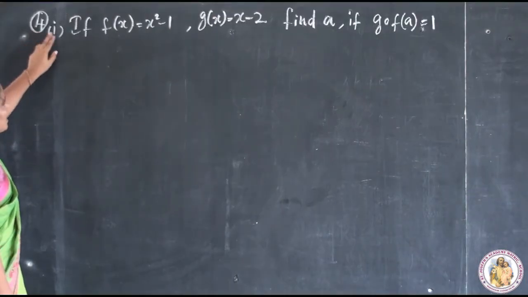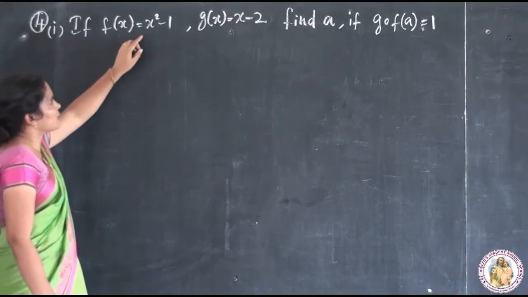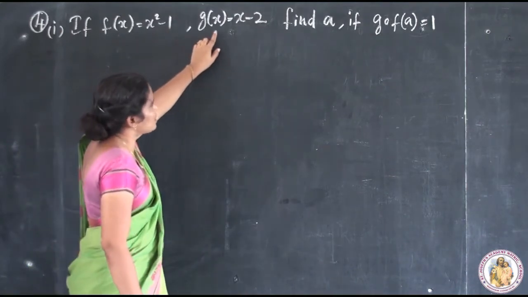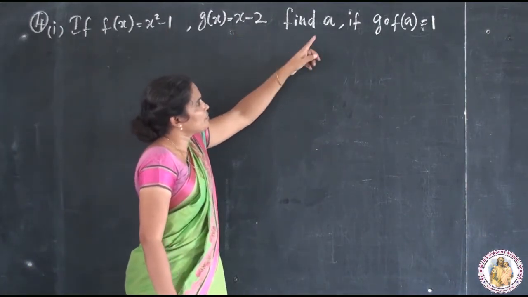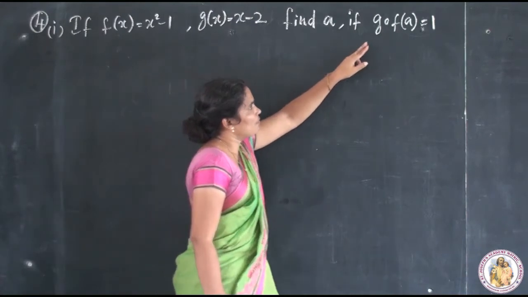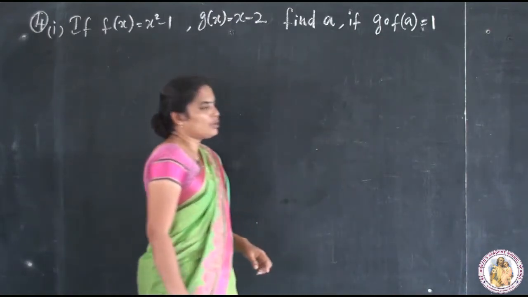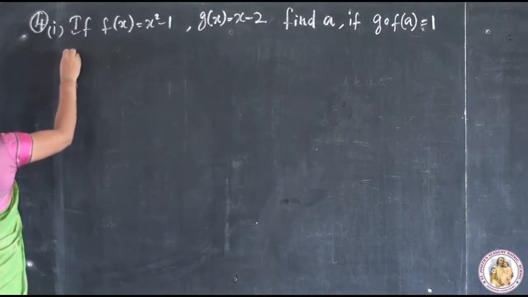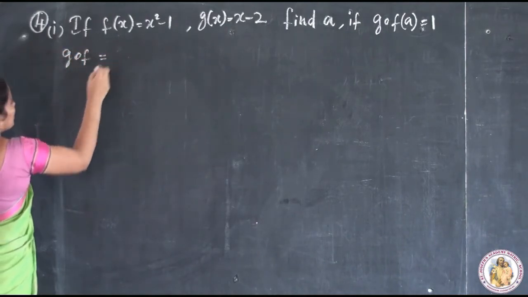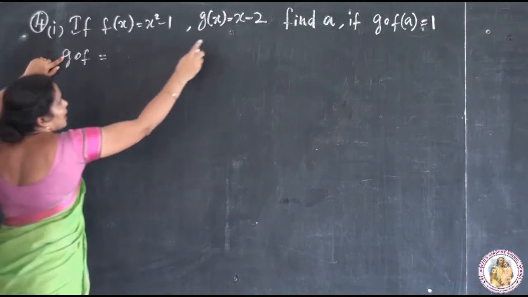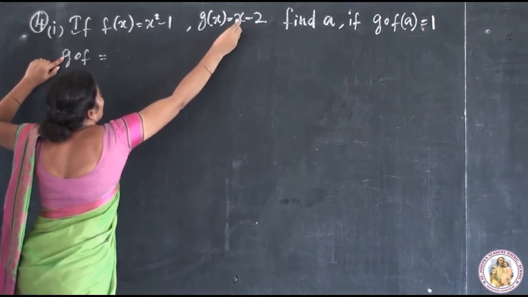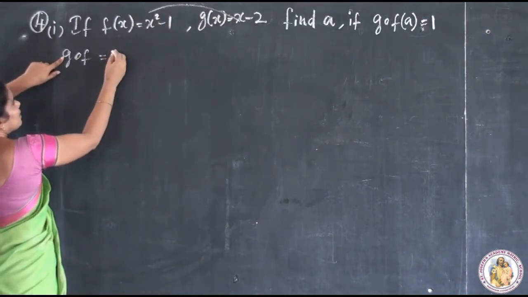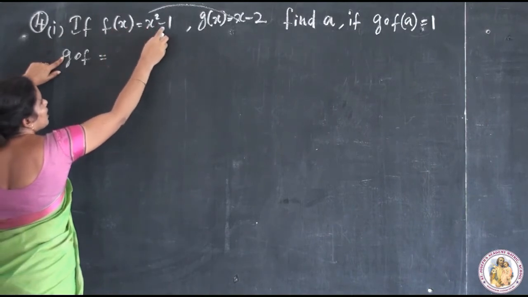Question number 4. If f of x is equal to x square minus 1 and g of x is equal to x minus 2, find a if g of f of a is equal to 1. So first you find g of f. What is g? x minus 2. In the place of x, you have to write f of x, that is x square minus 1.